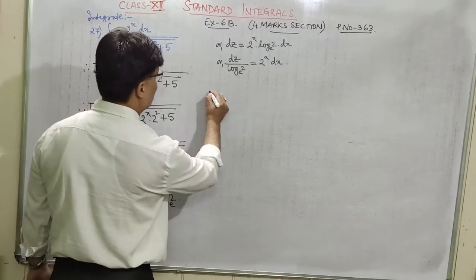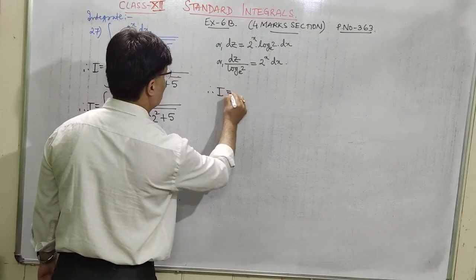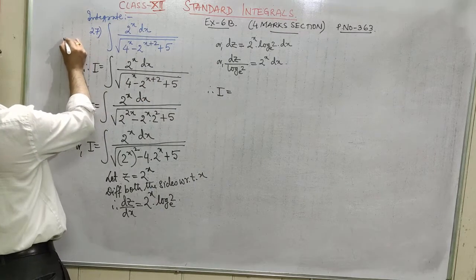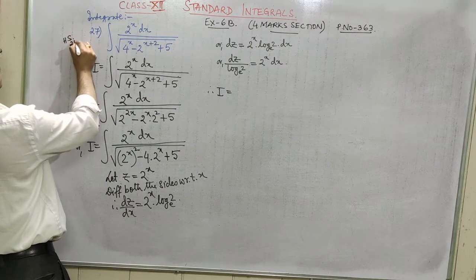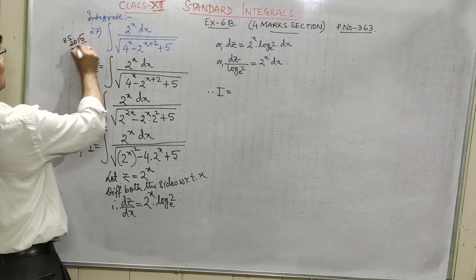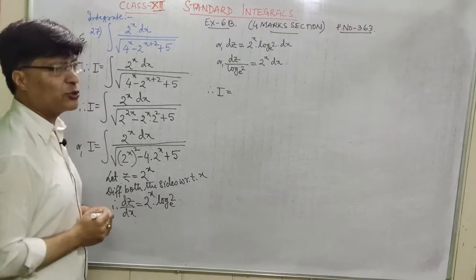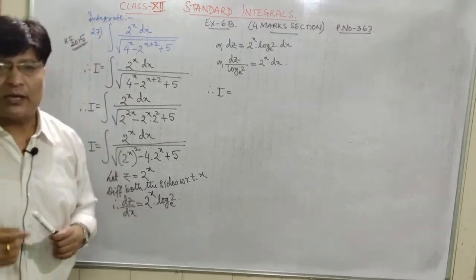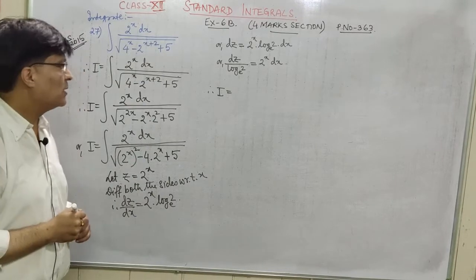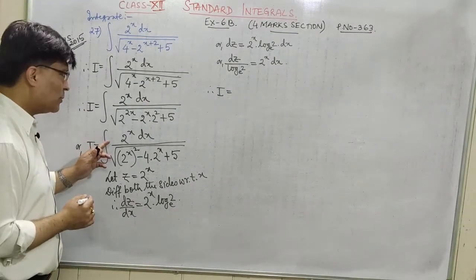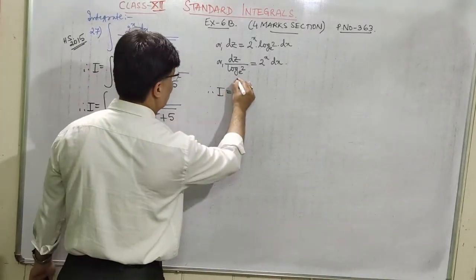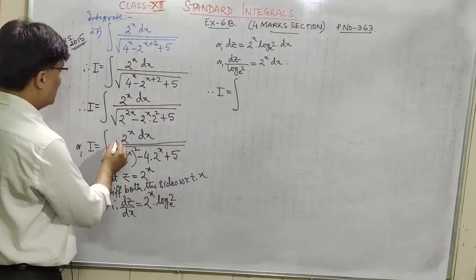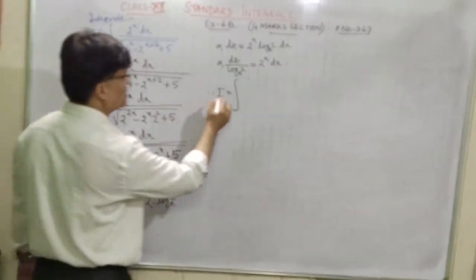So therefore what is I now? So I is equal, now this question is from HS question paper, right? This is from HS 2015, which carries 4 marks, right? So now let us put these values in I. So I is equal to integration of, what is 2 to the power x dx?